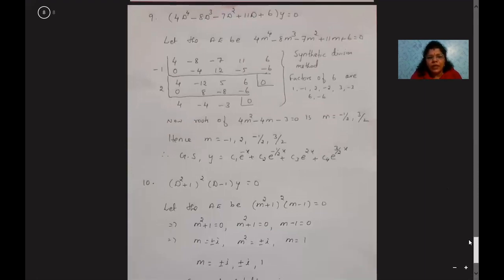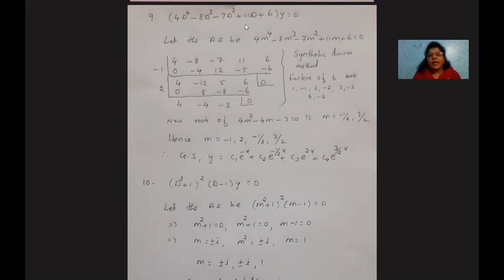Again, it is a fourth order differential equation. The auxiliary equation of the given equation is 4m power 4 minus 8m cube minus 7m square plus 11m plus 6 equal to 0. I'm going to solve this using the synthetic division method, which I explained in problem number 7.